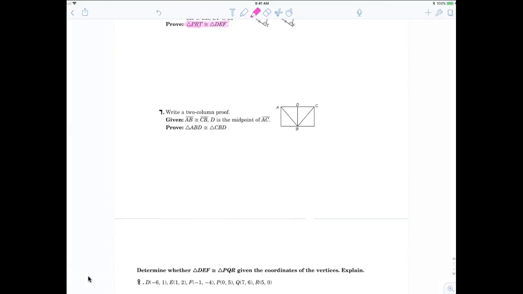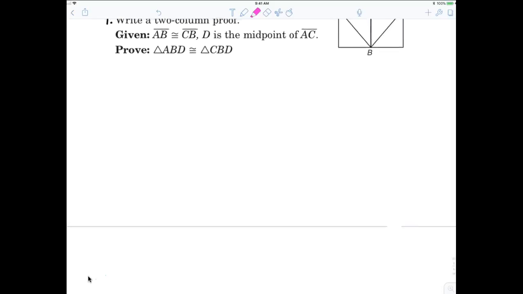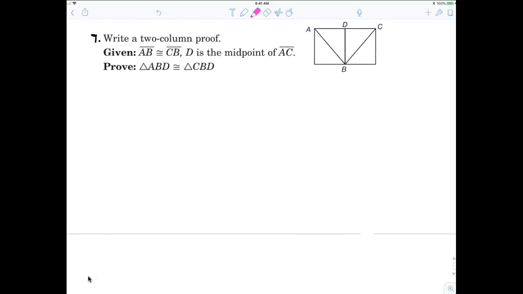Shall we just try to knock out 7? All right, let's do 7. Now again, here is how I do the proofs. I mark the figures, and then from the figures, I get all possible information, and then I say, now I can show that the triangles are congruent.